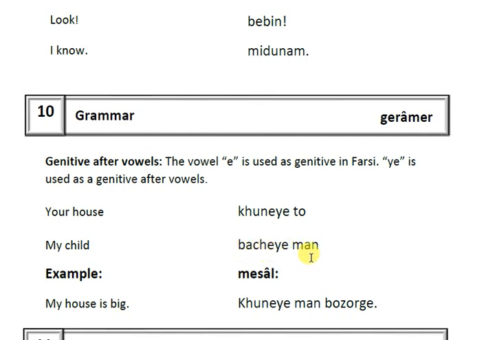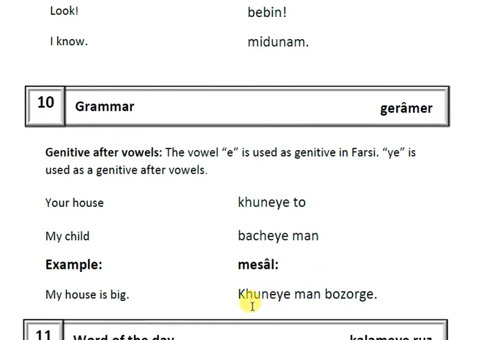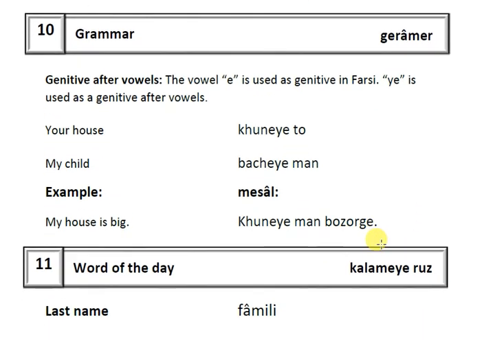So we connect two words using e or ye. بچه من, my child. خونه من, my house. بزرگ means big. E at the end simply means is. خونه من بزرگه. My house is big.